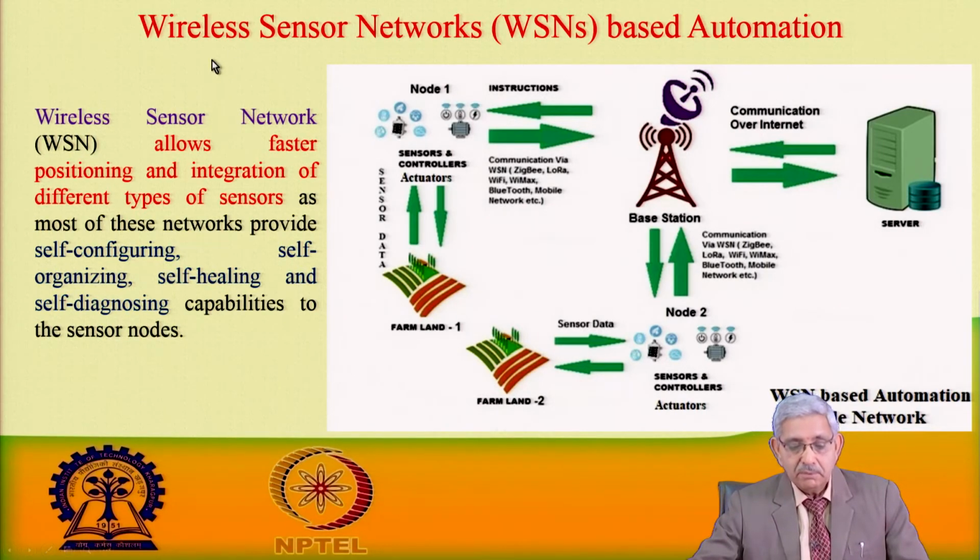From this diagram we are learning how wireless sensor networks work and how automation is done. This is farmland 1, and the arrows show how the data communicates. In farmland 1 the sensors are used, and the data is transferred using sensors, controller and actuator.